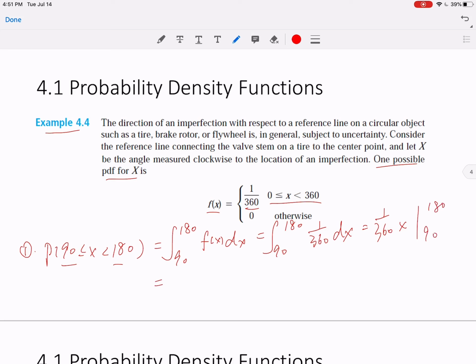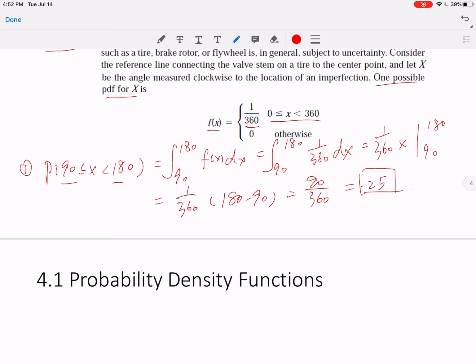And this would be equal to 1 over 360 times 180 minus 90, which is 90 over 360, which is 0.25. And that's the answer of this part. The probability that x is between 90 and 180 is equal to 0.25.